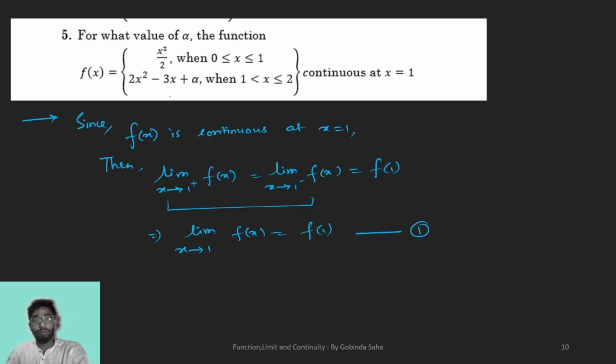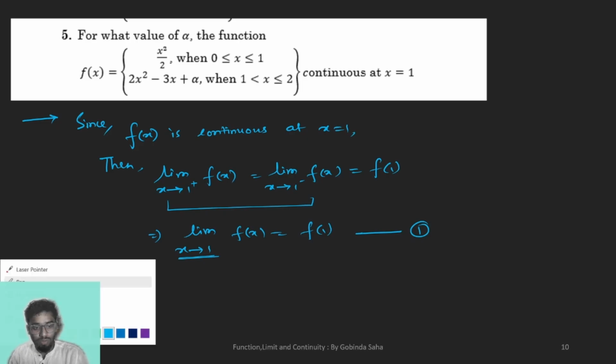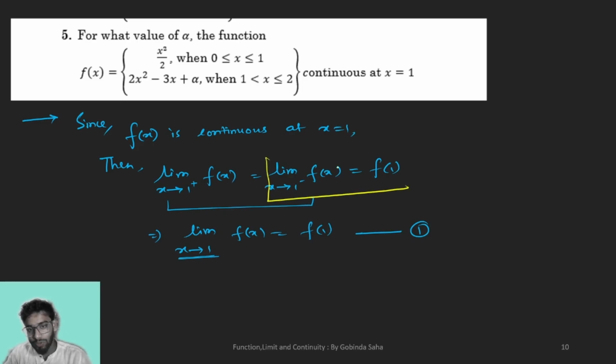For f(x), see, x tends to 1, that means x is approaching 1, although it is not 1. Or I would say it will be more logical if you take these two. So let me solve using these two: the limit as x tends to 1 minus of f(x) and f(1).